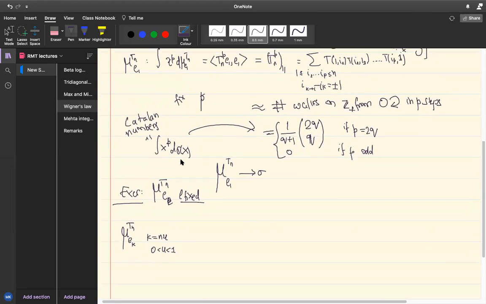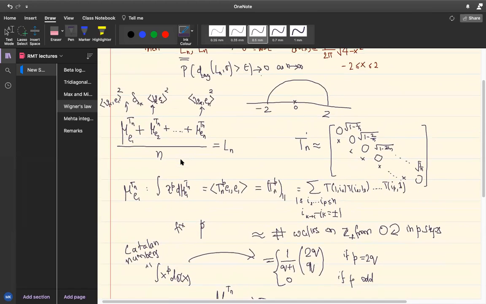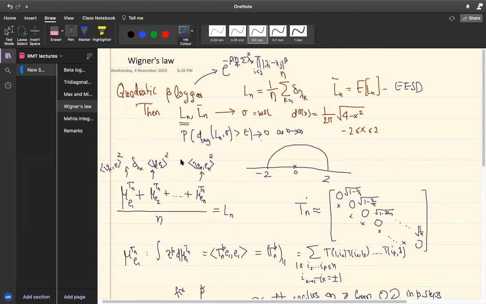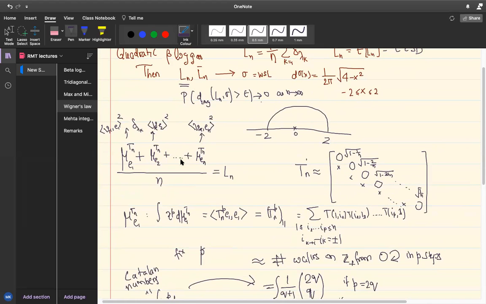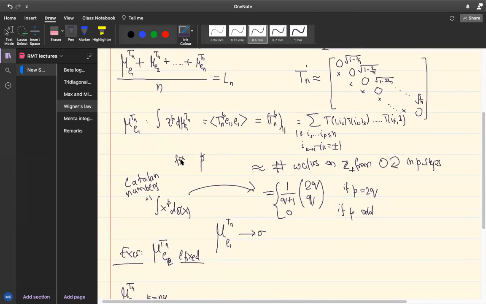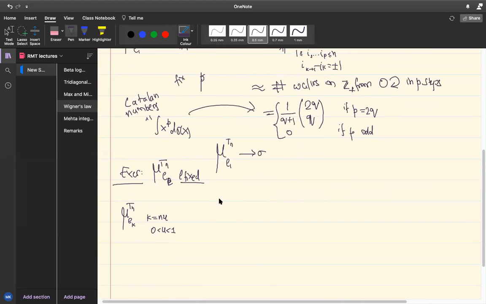The same logic works. We use the method of moments. The point is, this method of moments works with matrices. It's a well-known thing in random matrices, but it's much easier in tridiagonal matrices because the combinatorics is so much simpler. So what happens to the integral of x to the P d mu E_k of Tn of x? What does that look like?